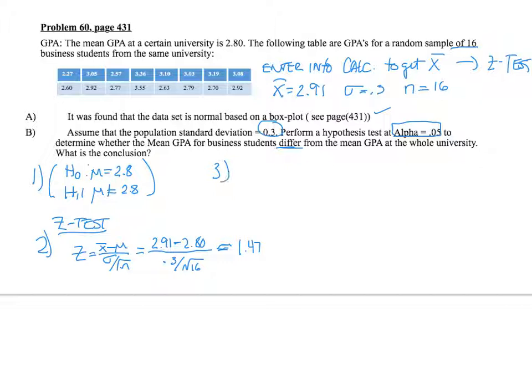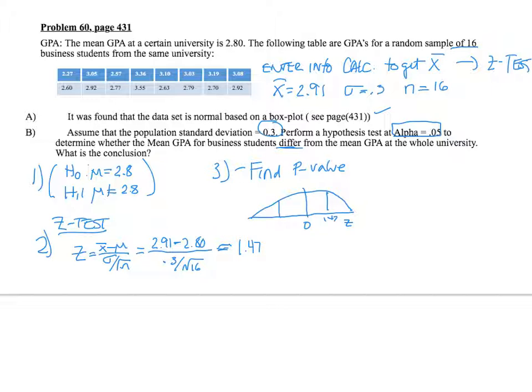Step 3 is to find the p-value, right? And so we know how to do that. Let's go ahead and do that. Here's 0, we're on Z, and we have a 1.47 here.